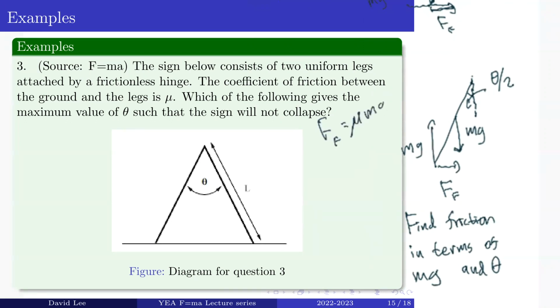Friction is mu mg, right? So if we can find friction in terms of mg and theta, then we can just set these two to be equal to each other, and then we'll be able to solve for theta. So I'll give you a few more minutes to think about this and do your calculations.